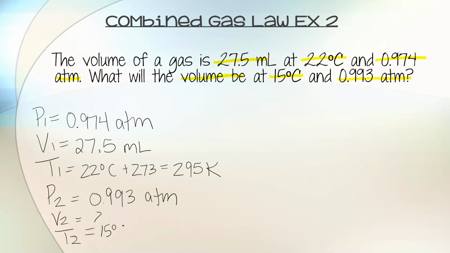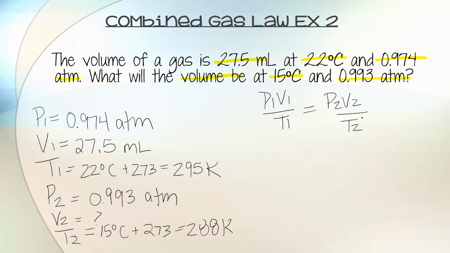Okay. So we're finding V2. We have to change T2 to Kelvin. So once again, you're using P1 times V1 divided by T1 equals P2 times V2 divided by T2.